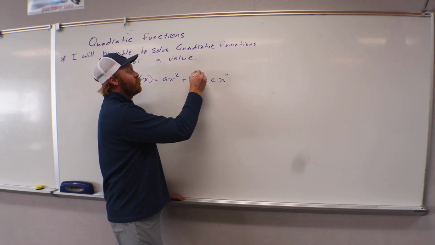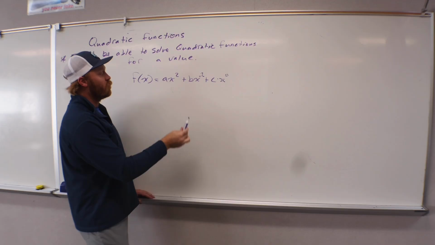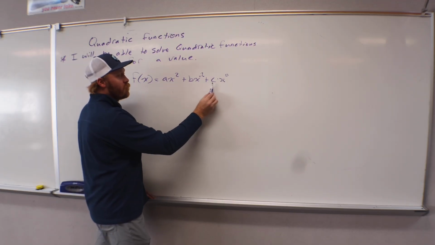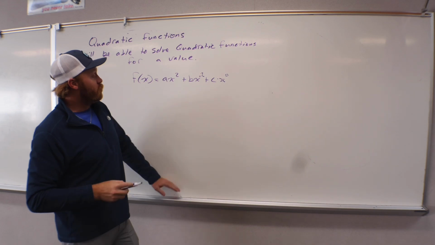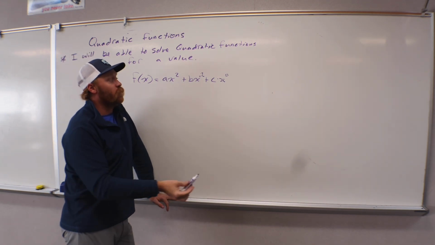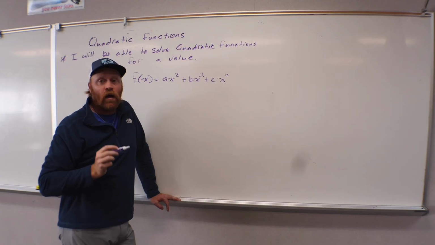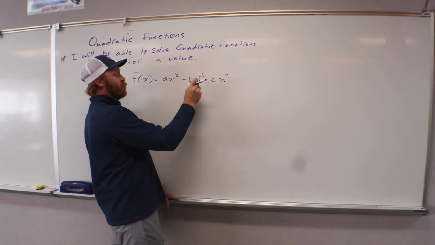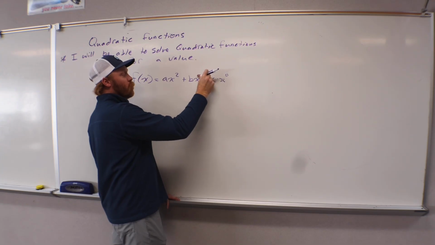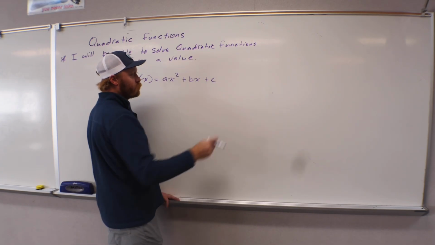The invisible power is 1 that we don't state, and now you can see that a, b, c, 0, 1, 2. When we get into further mathematics, understanding that we can have that x hiding can help us out. But for now, we'll take a look at it as just ax squared plus bx plus c.